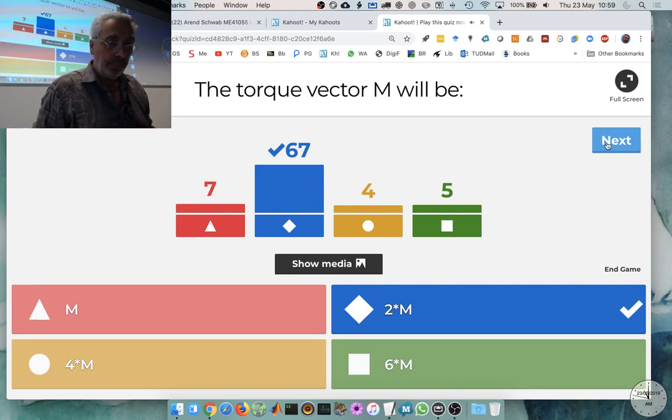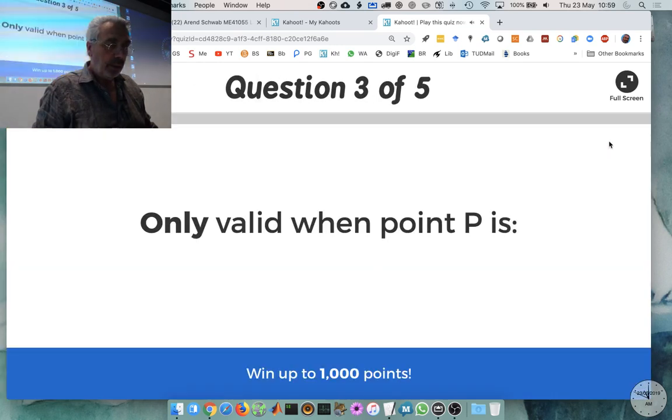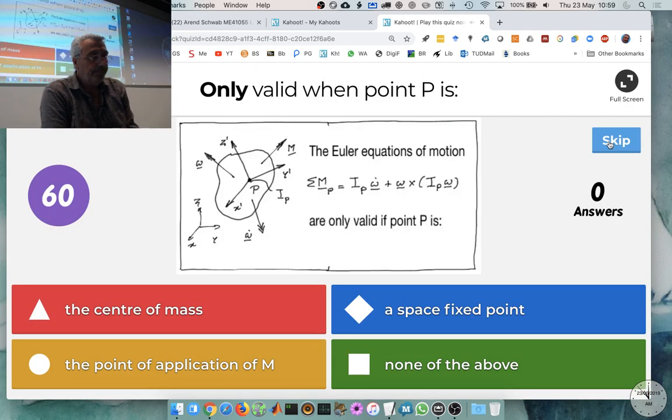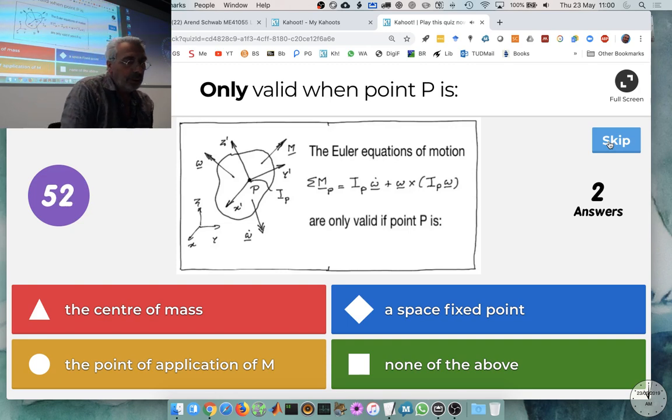Okay, pretty simple. So this is about the Euler equation of motion. You have to take the sum of the torques about a certain point, and also the center of mass is calculated at some particular point of the body. Then the question is, for which specific point is this only valid?